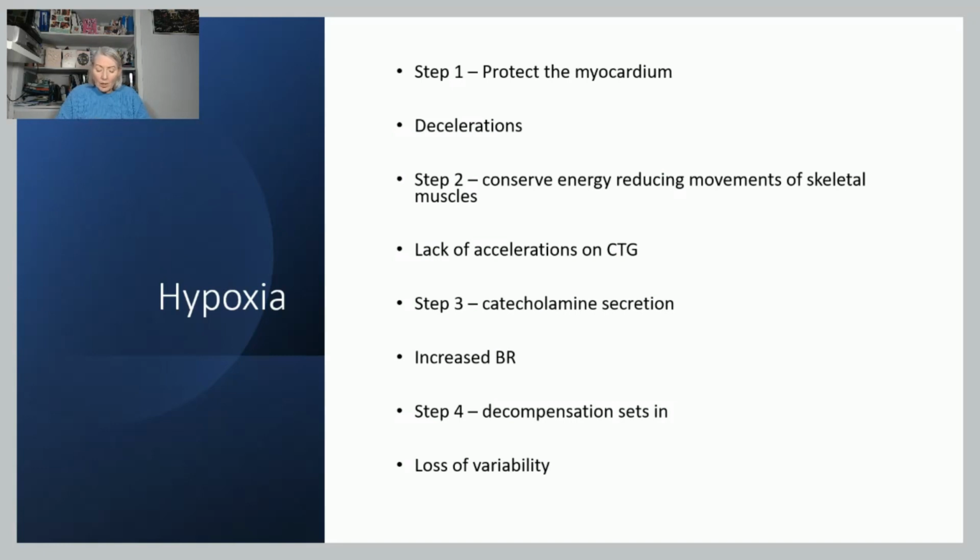So this will in turn lead to an increase in baseline rate, because the baby is trying to redistribute the blood to the vital organs, as well as trying to get some fresh oxygenated blood from the placenta.